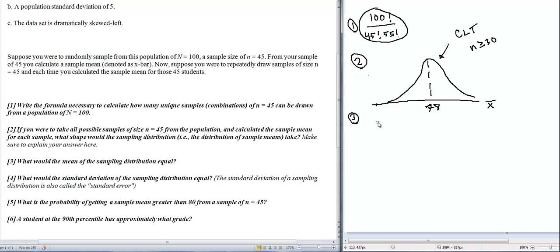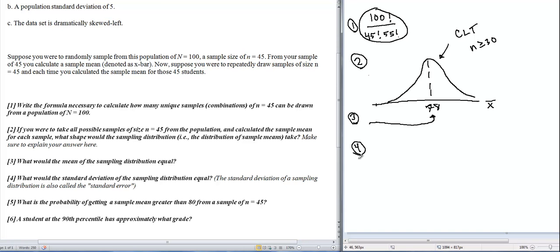In other words, the mean of the sampling distribution is equal to the population mean. That is a property that will always hold, regardless of the sample size, regardless of whether n is 30 or more. The mean of sample means is always the population mean.